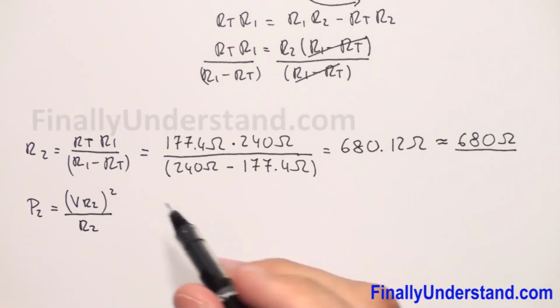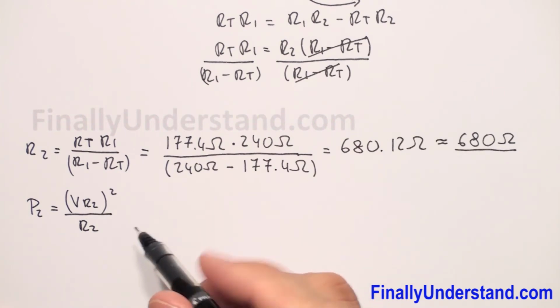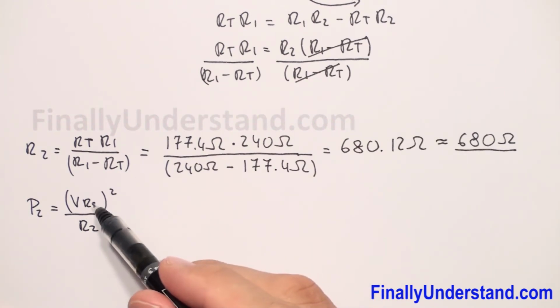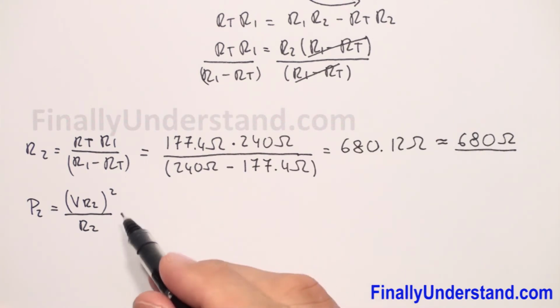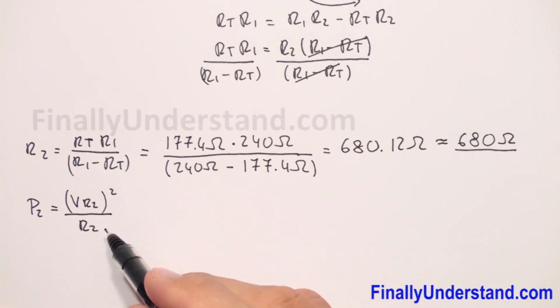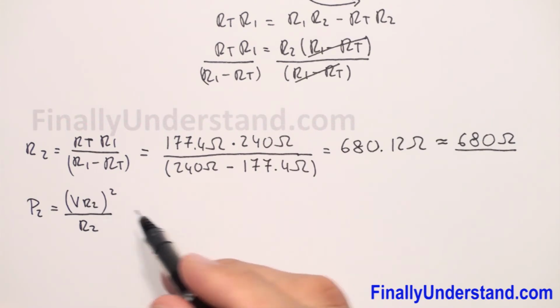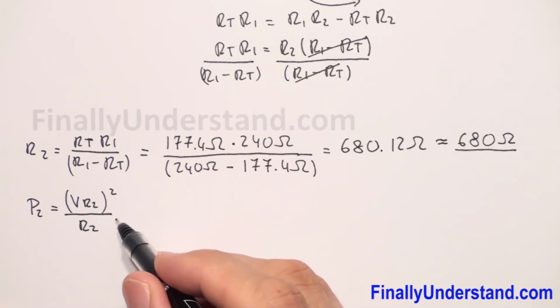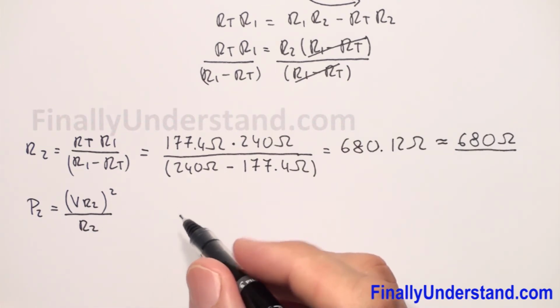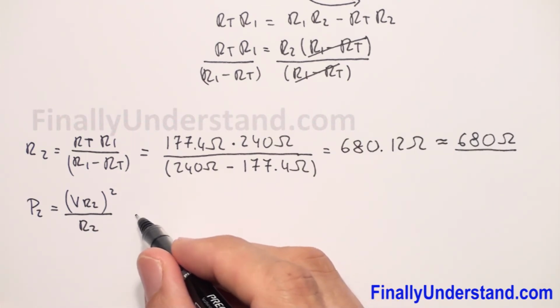This is the formula for power, which contains the voltage and resistance. So what we're supposed to do is solve this formula for voltage. Again I have a fraction. In order to eliminate the fraction, I have to multiply both sides of the equation by the denominator.